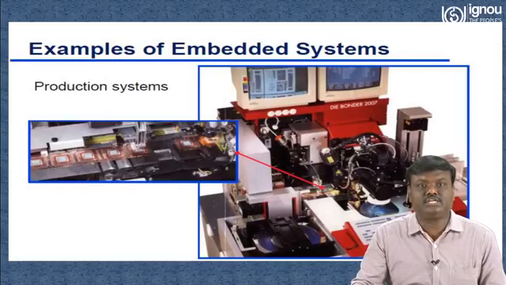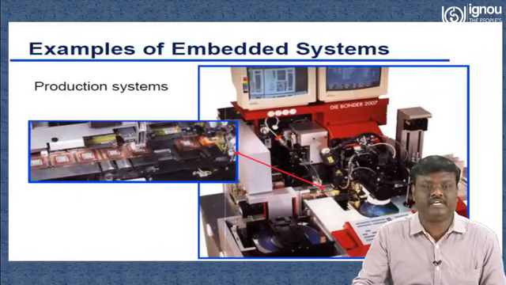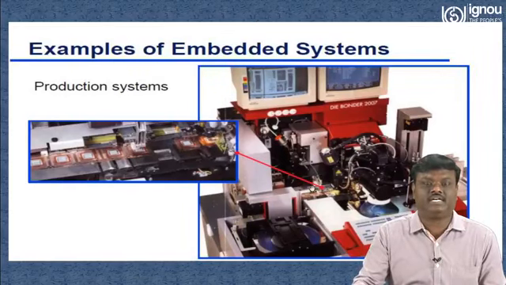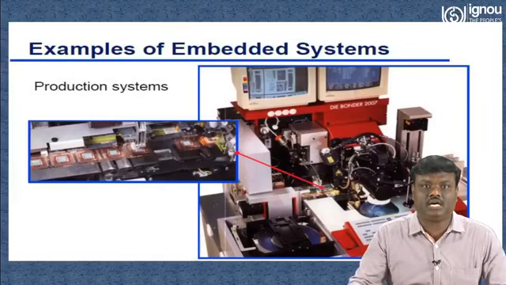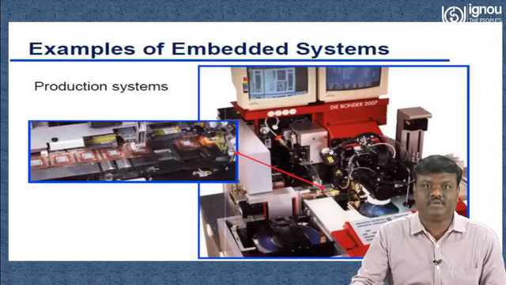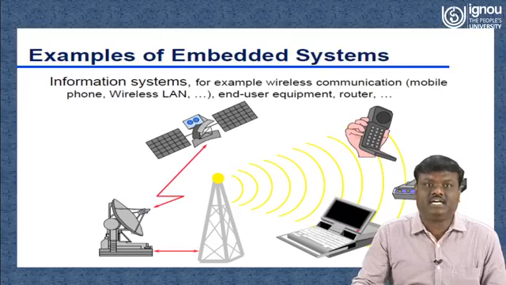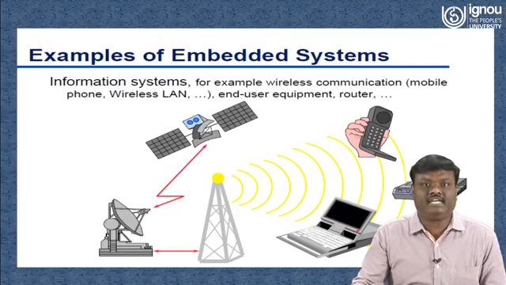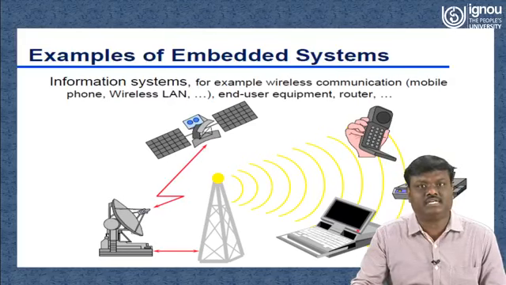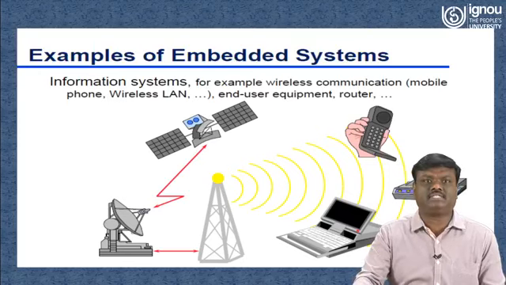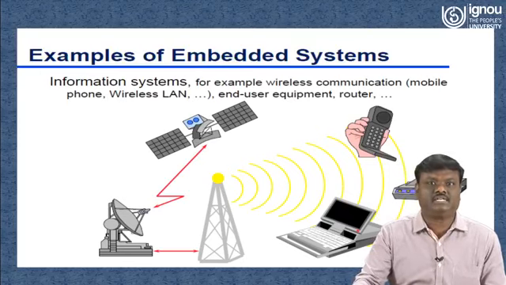Then there are industrial production systems. I have shown a figure which takes care of industrial production control, and the embedded chip is inside the production system. Another example is information systems like wireless communication, mobile phones, wireless LAN, and end-user equipment like wireless routers. All this comes under embedded systems in the information system category.